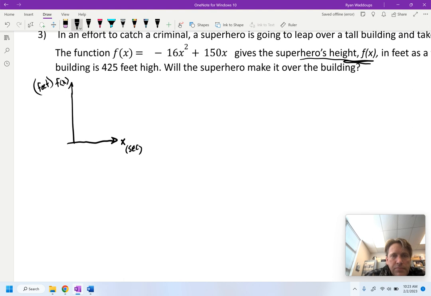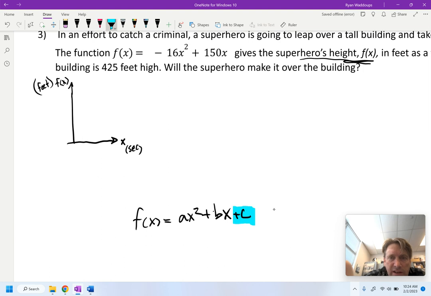And this time, the superhero jumps from the ground. And we know that because the standard form, f of x equals ax squared plus bx plus c, the y-intercept is 0, c.